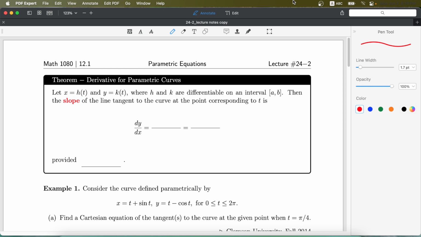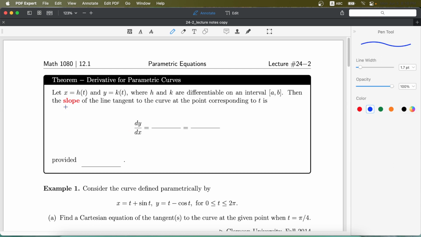So first, let's take a look at this box, the derivative for parametric curves. With x equals h of t and y equals k of t, where h and k are differentiable functions on this interval, the slope of the line tangent to the curve at a point corresponding to t is given by this equation.